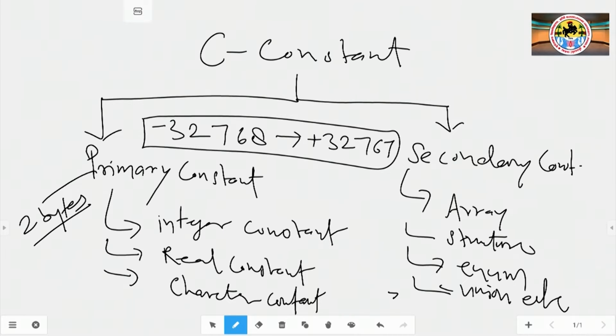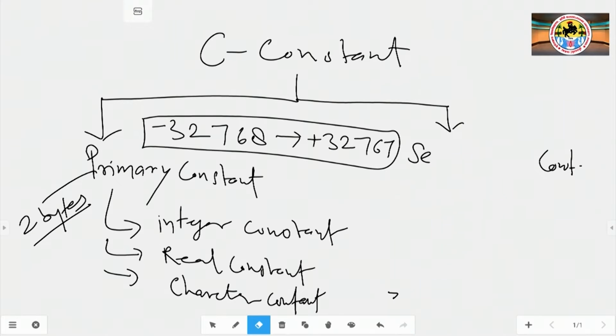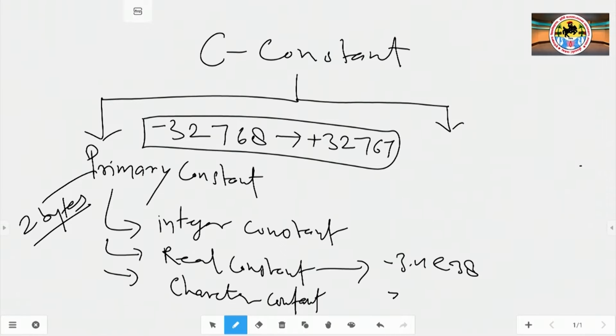The range of real constant is minus 3.4 E 38 up to plus 3.4 E 38. Any value which has decimal points and lies within this range, we can say is a real constant.